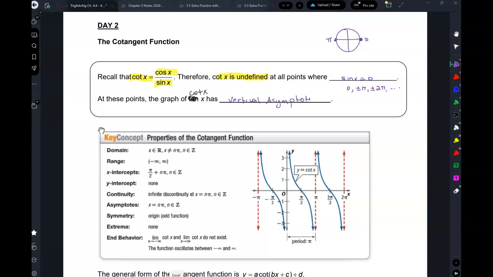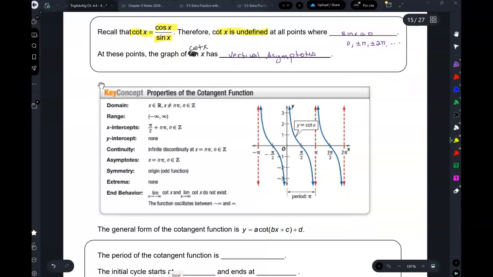All right, so how does that translate to what we're going to do? The period of the cotangent is again pi, but now it starts from 0 and goes to pi, right? 0 to pi. And do you see the center point here?